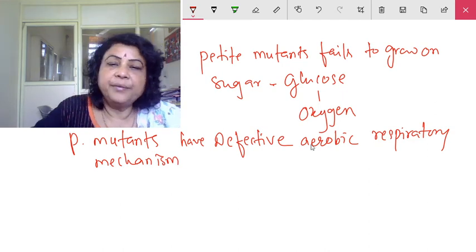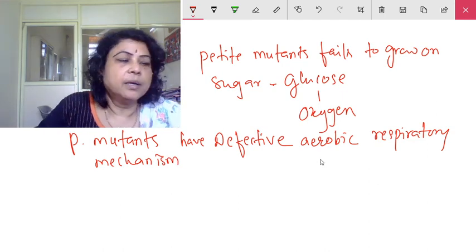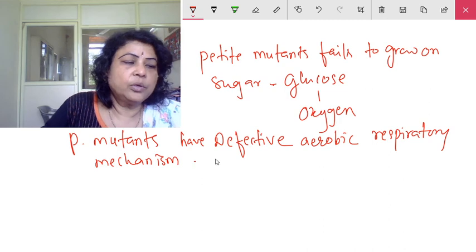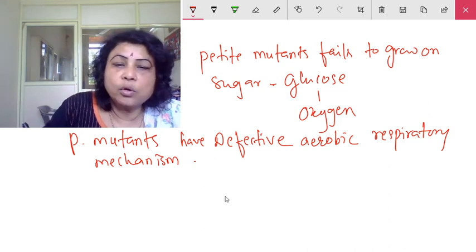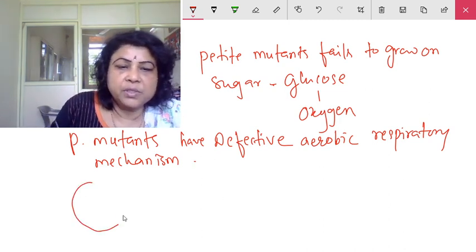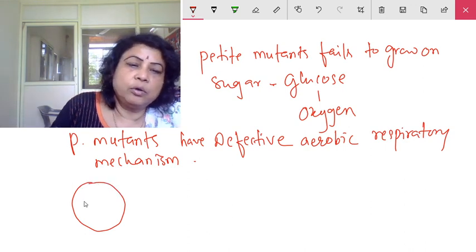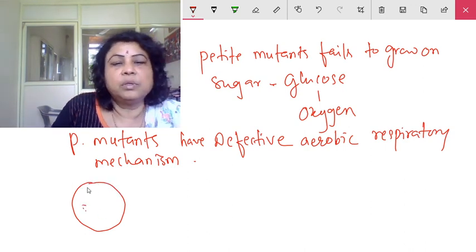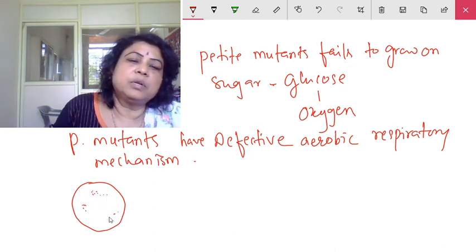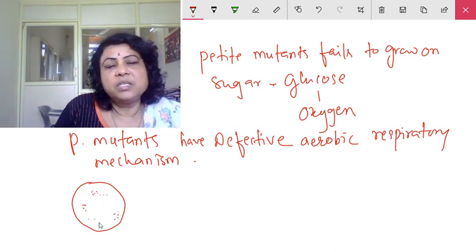Hence their slow growth of the colonies. That means suppose it is a culture plate, and on that the yeast fungi develop. They show very slow development of the colonies. So colonies develop very slowly.